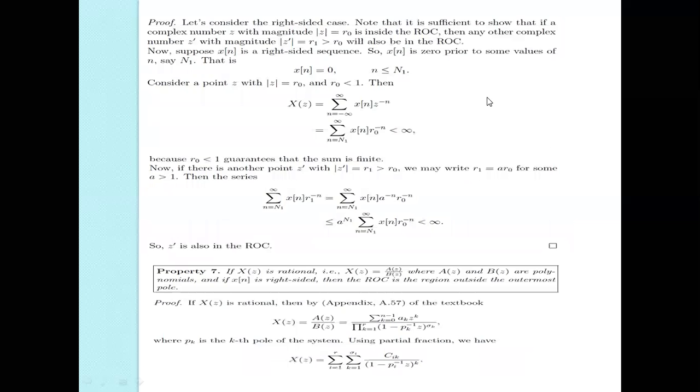If any function is like this, a rational function, in this rational function B(z) has the poles, and for those poles also z is greater than p_i. You can take the ROC outside the outermost pole.